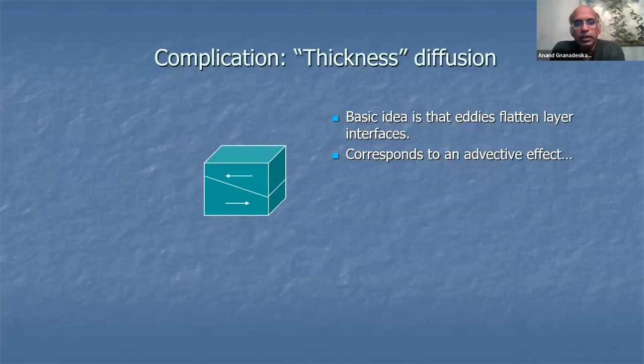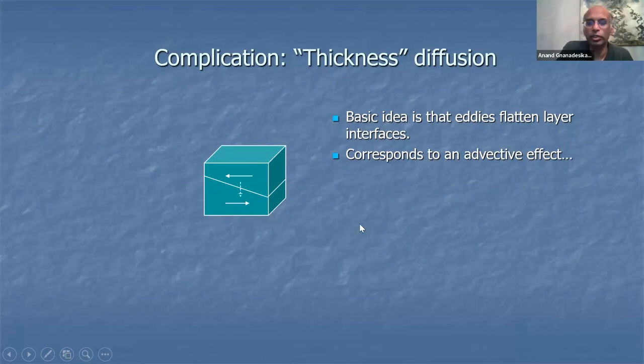However, the eddies do more than that. The eddies also act to some level to flatten layer interfaces. There's the idea that in addition to diffusing passive tracers like temperature and salinity, they diffuse active tracers like the thickness or potential vorticity of the water. And the basic idea here is that if I have a thick layer of warm water here and a thick layer of cold water here, the eddies basically allow that layer to overturn.